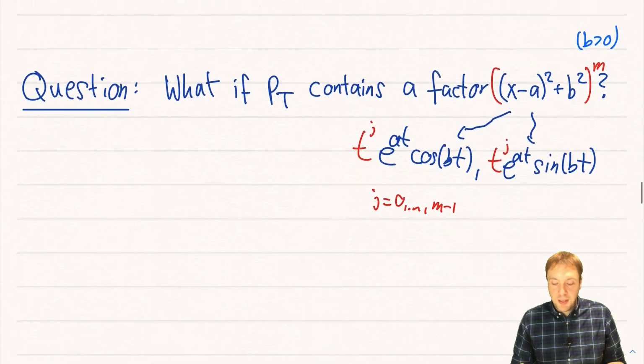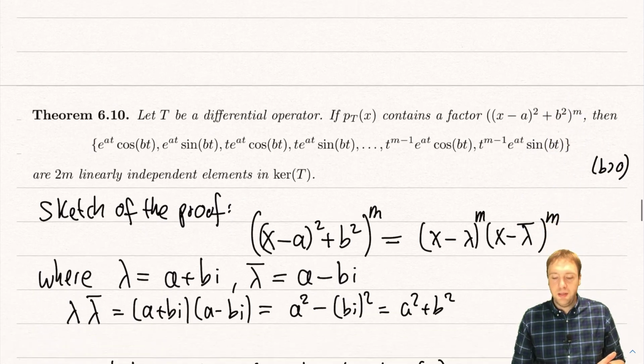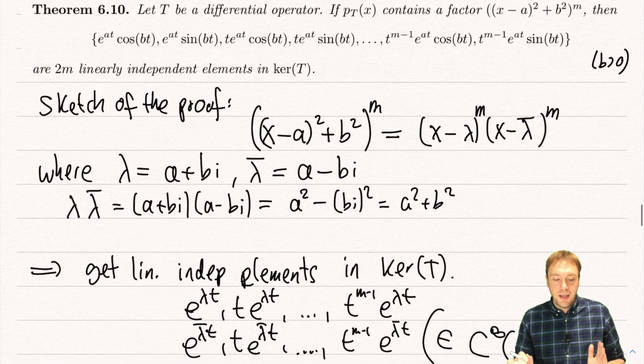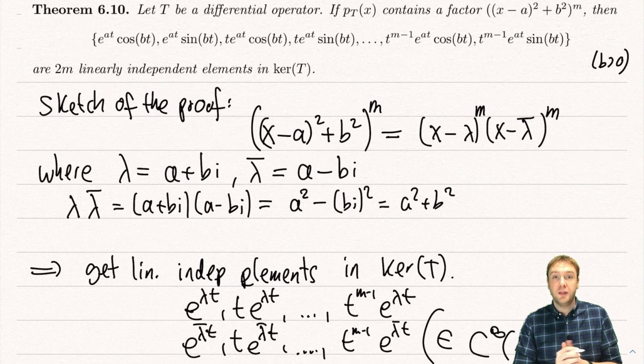So starting with any differential operator of order n, we can always find n linearly independent smooth functions in the kernel of this operator, and therefore the homogeneous linear differential equation always has n linearly independent solutions.